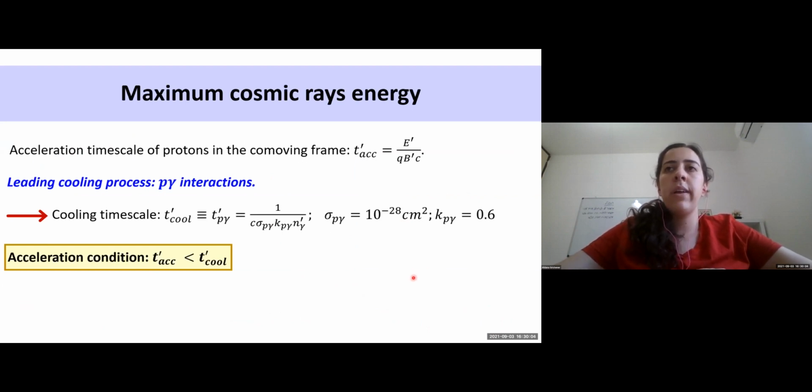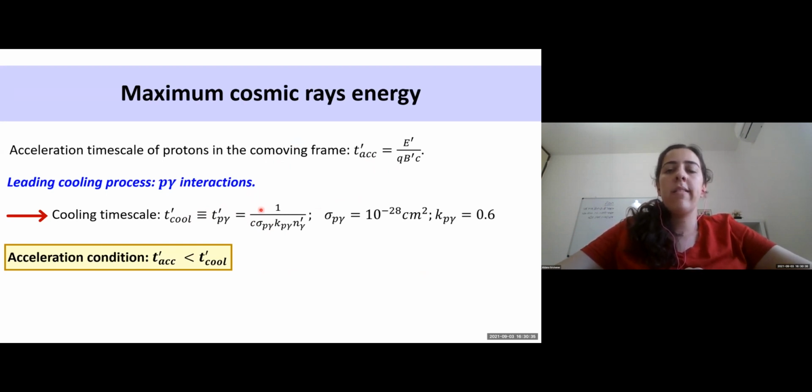In order to do this, we compute the acceleration time scale of the protons in the comoving frame, meaning in the jet's rest frame, and we compare it with the typical cooling time scale in the system. At the temperatures that we are dealing with, the leading cooling process is p-gamma interactions, meaning interaction of the accelerated protons with thermal photons that arise from the jet head and diffuse into the region of the protons.